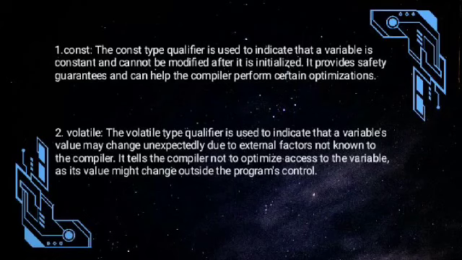The volatile type qualifier is used to indicate that a variable's value may change unexpectedly due to external factors not known to the compiler. It tells the compiler not to optimize access to the variable, as its value might change outside the program's control.